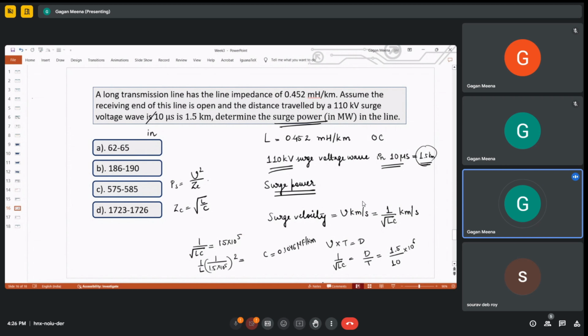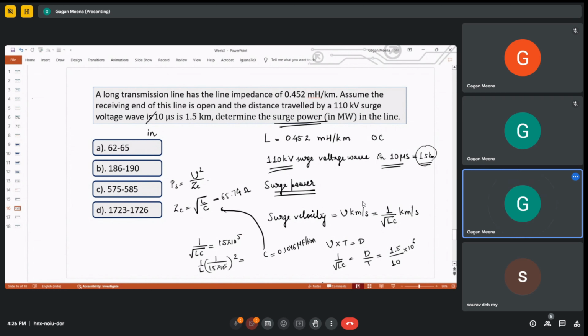If we substitute this, we find L by root C, 0.452 into 10 divided by, this comes out to be 65.74 ohms.